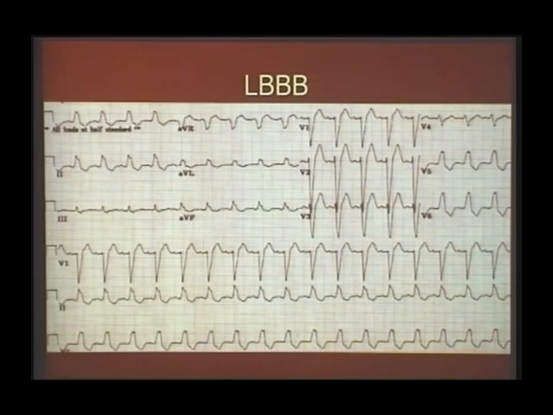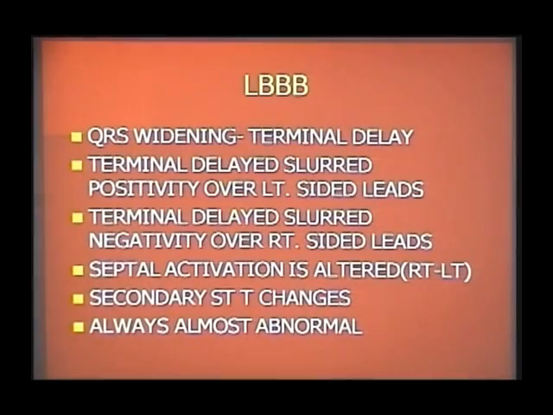See, the change is a secondary T wave change, because for the left ventricle the depolarization is delayed. So the repolarization starts in the same direction, resulting in a downsloping ST segment and T wave, which is a secondary STT change. So the criteria to diagnose left bundle branch block is QRS widening, terminal delayed slurred positivity over the left sided leads, terminal delayed slurred negativity over the right sided leads, and altered septal activation.